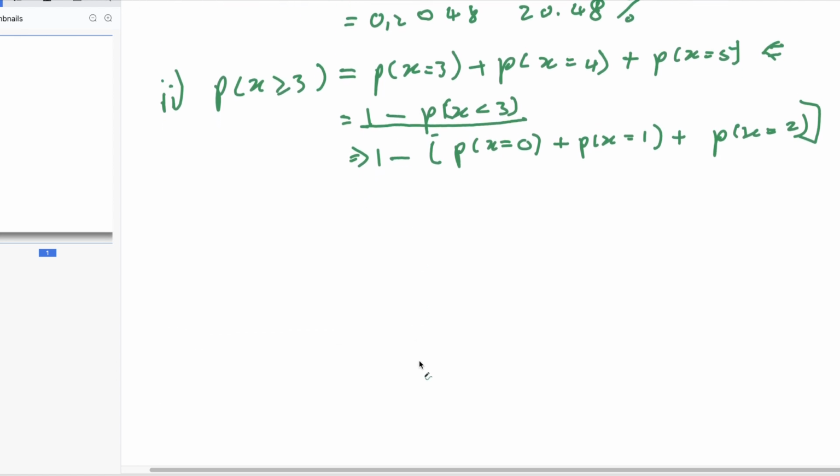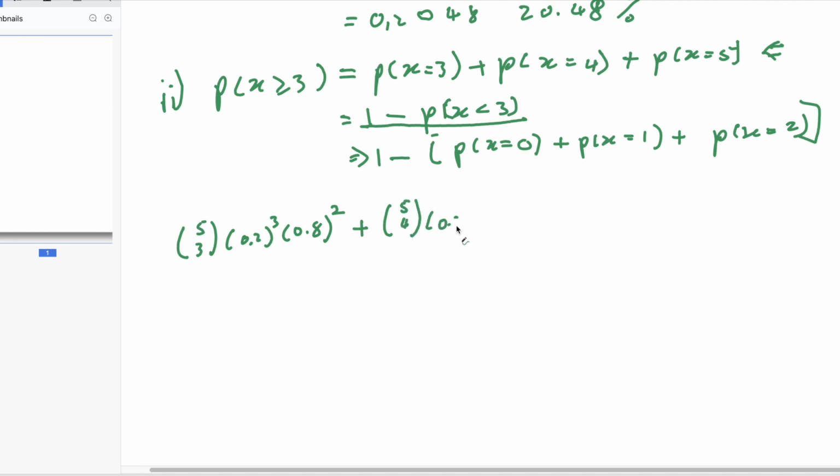So let's just use the first part. For the first part we have 5 combination 3. We have 0.2 to the power of 3, times 0.8 to the power of 2, and then plus 5 combination 4.